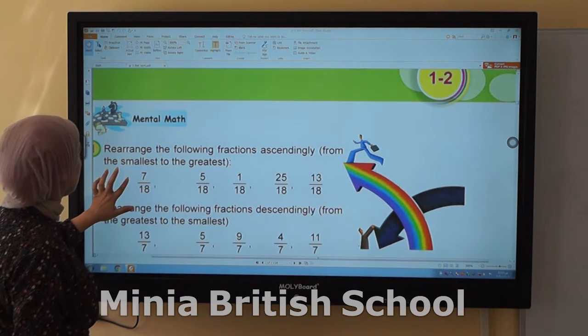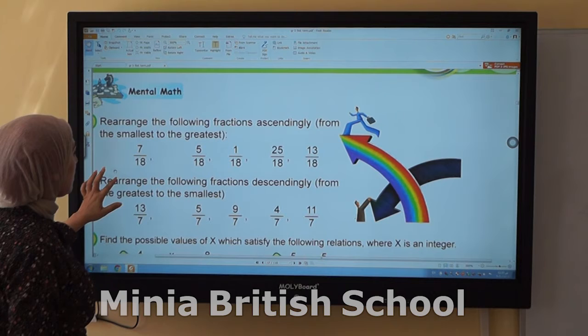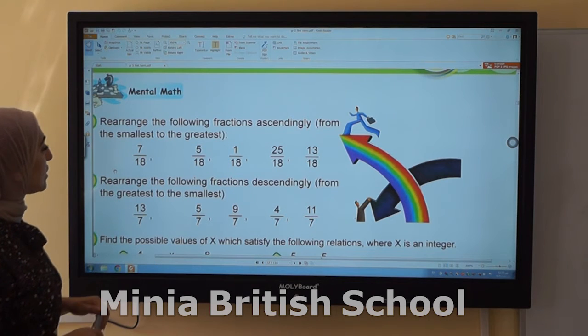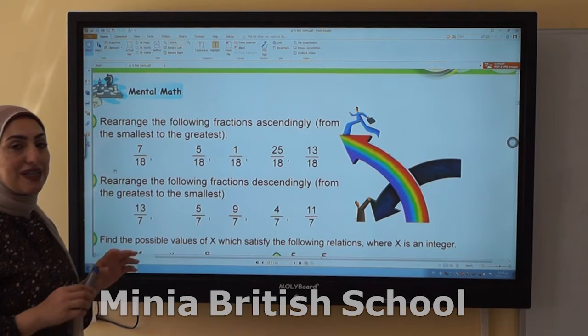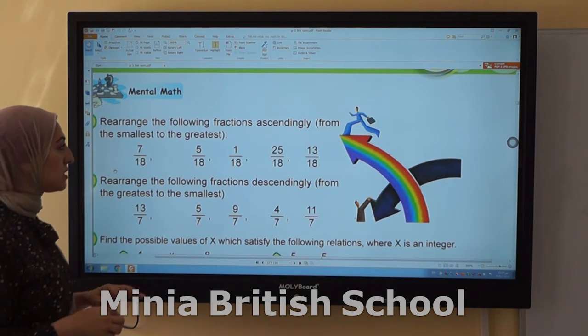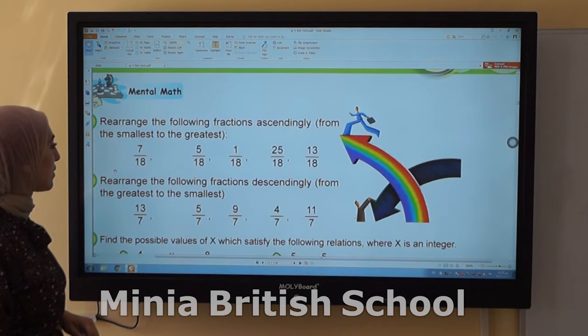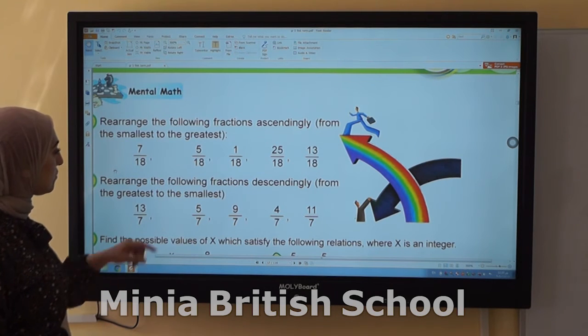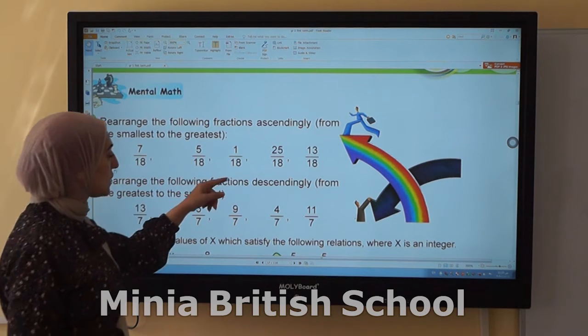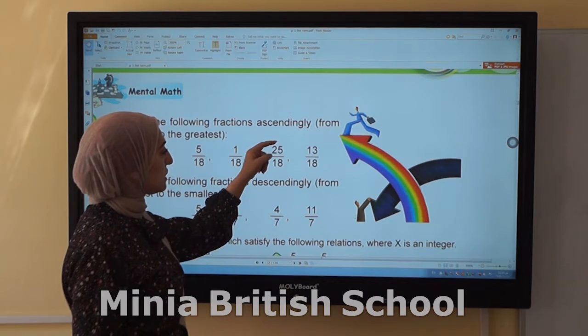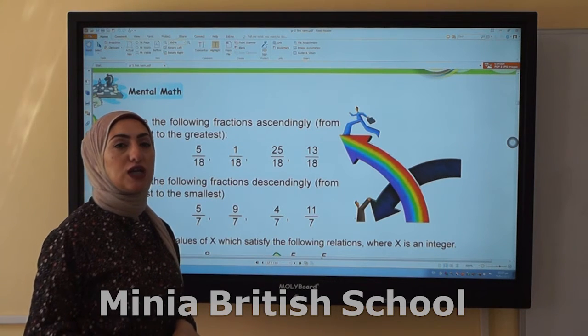Okay. Here, if you want to rearrange ascendingly. Ascendingly means from the smallest to the greatest. 7 over 18, 5 over 18, 1 over 18, 25 over 18, and 13 over 18.